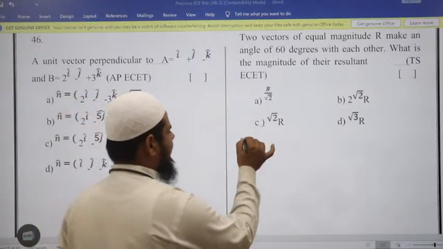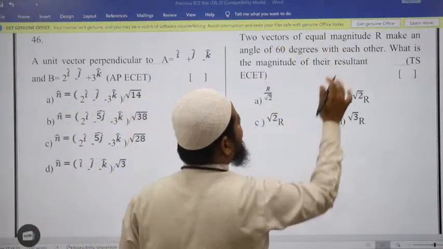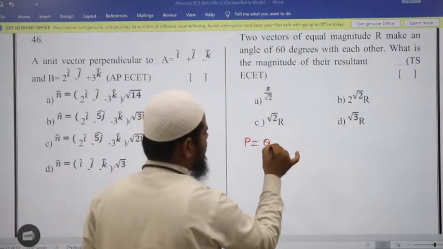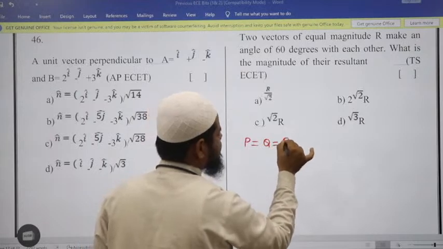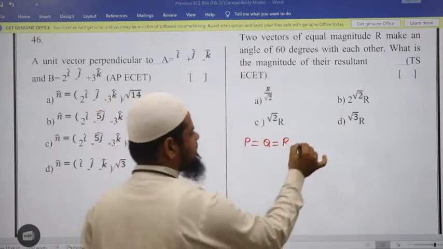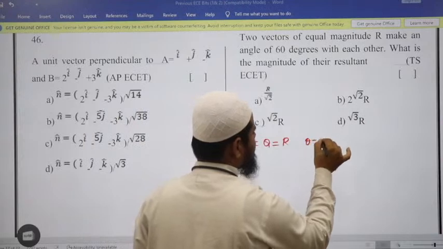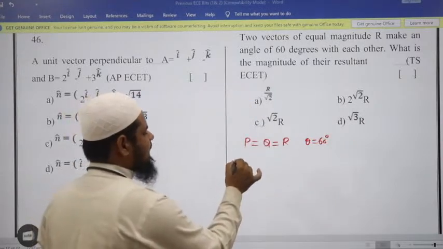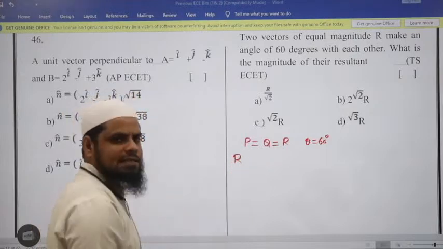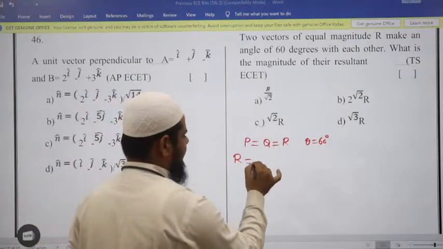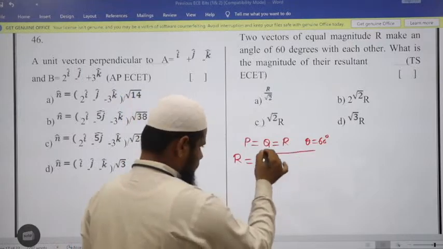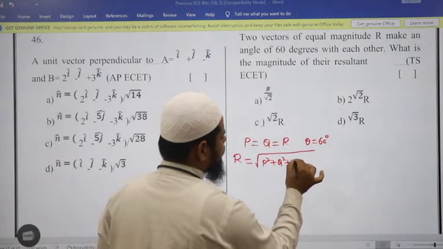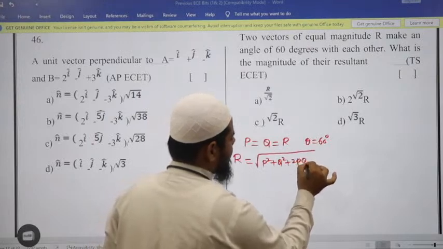Now he has given that the vectors of equal magnitudes P is equal to Q is equal to R, and he has given that theta is equal to 60. Then what would be the resultant? He is asking resultant. So earlier we have done it: P square plus Q square plus 2PQ cos theta.